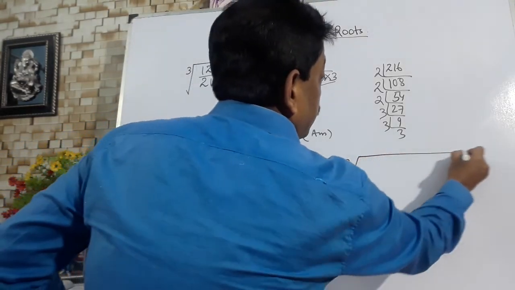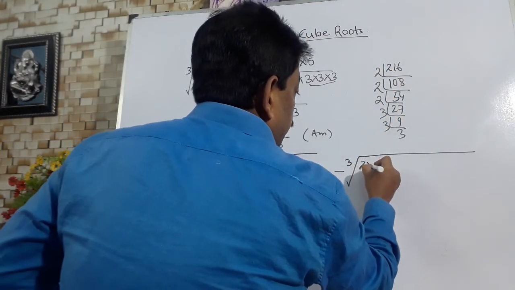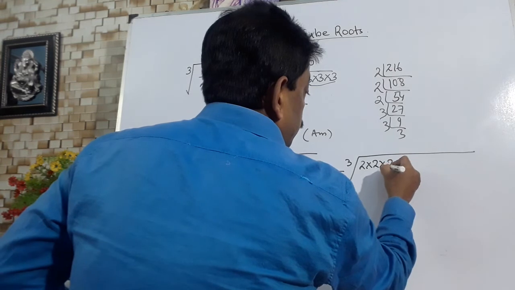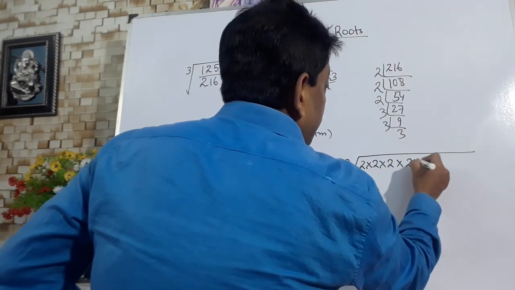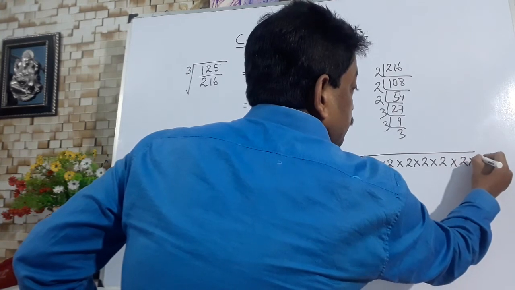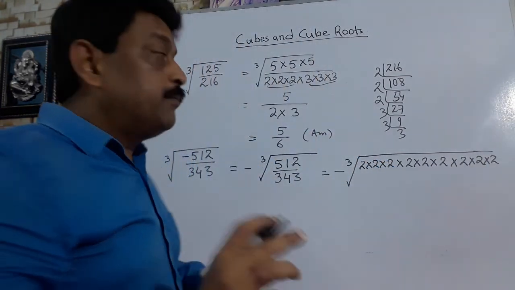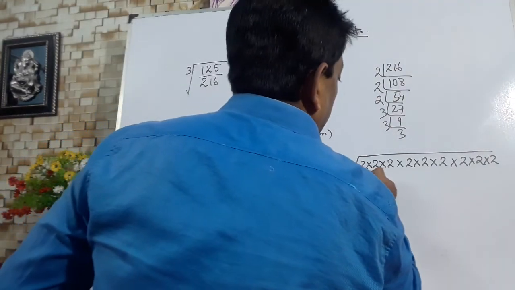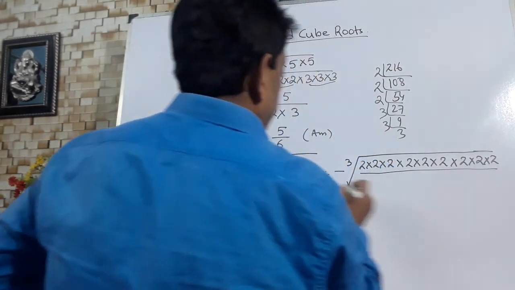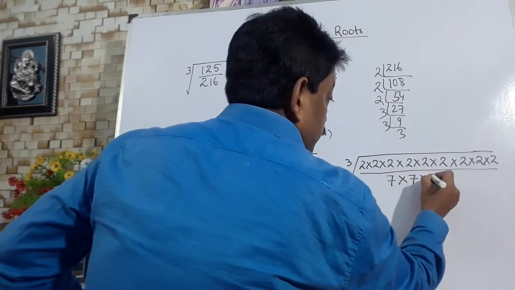So 512, if it is resolved into prime factors, will give 2 into 2 into 2, with 2 coming 9 times, and 343 is 7 into 7 into 7.